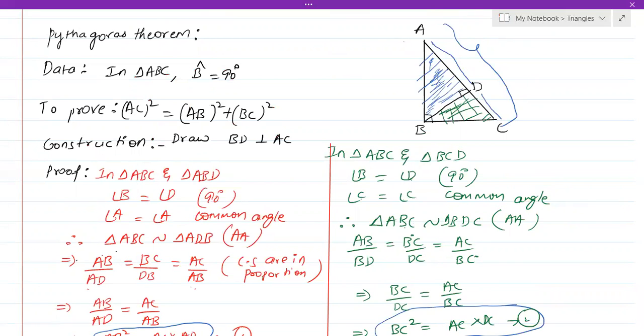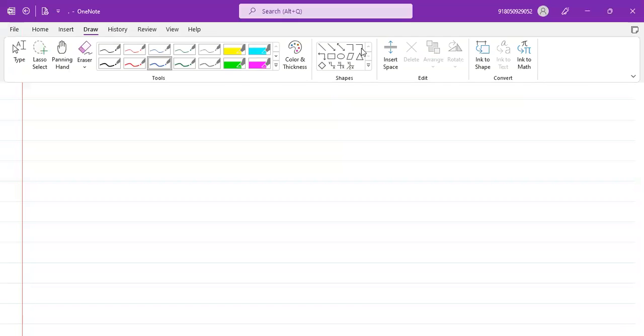So let's also look into the converse of Pythagoras theorem. What converse of Pythagoras theorem tells us is, let's write converse of Pythagoras theorem.